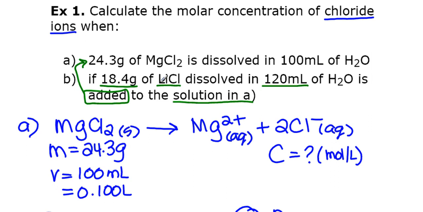Magnesium and lithium are different ions, but the chloride are the same. So, if we're trying to solve part B, we need to figure out what's going on in part A in terms of chloride ions, which we already have done. We need to figure out what's going on in terms of chloride ions with part B with the lithium chloride, and then we need to combine them together.